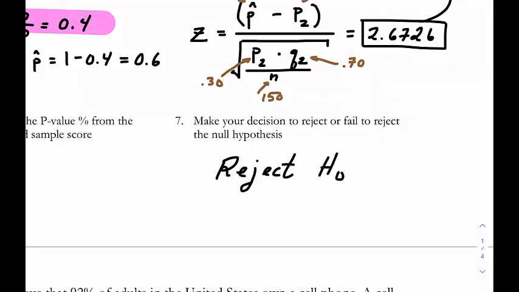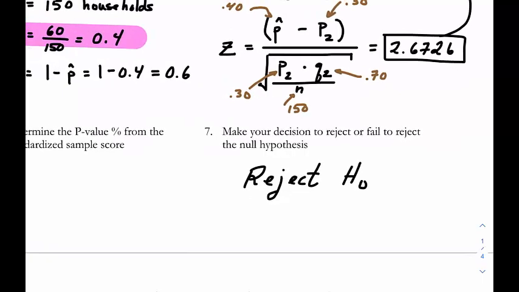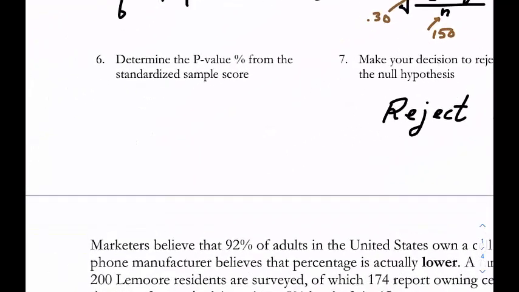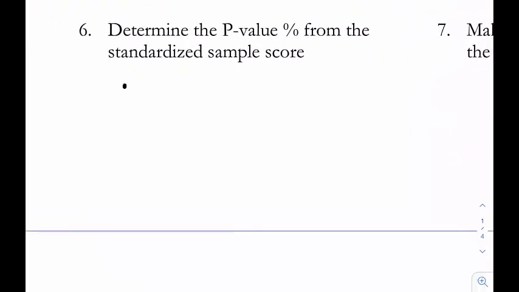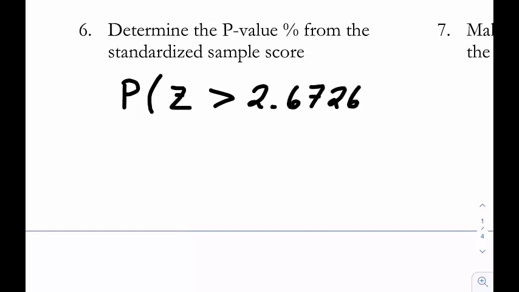Now, that being said, I want to do the same thing and do a right tail test using that same number from step number 5. So let's go back over here to step 6. Find the probability for a right tail test that Z is more than the same number, 2.6726. Let's put that back into GeoGebra to find that answer.